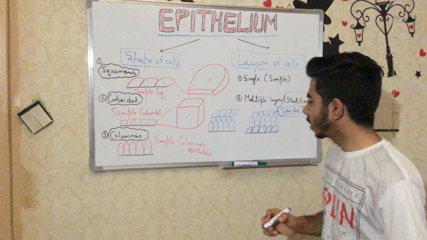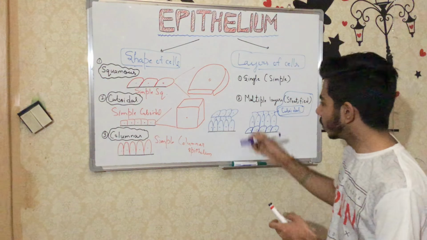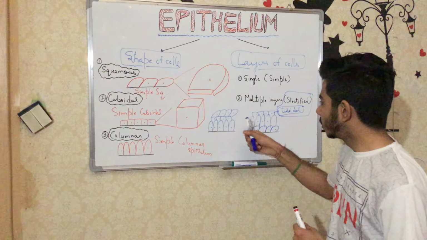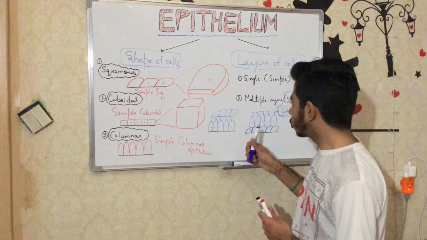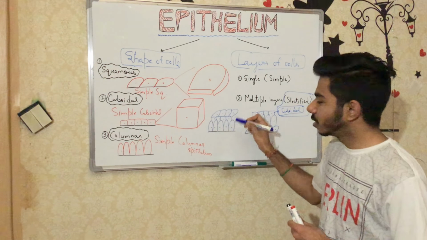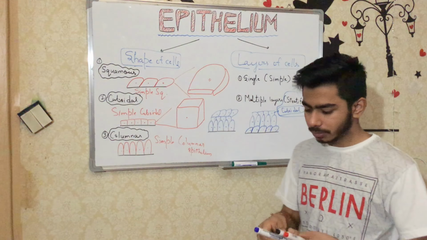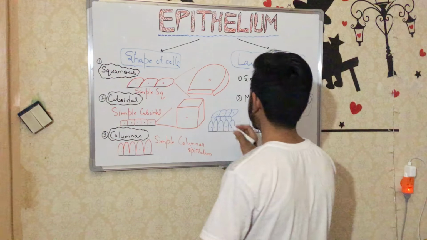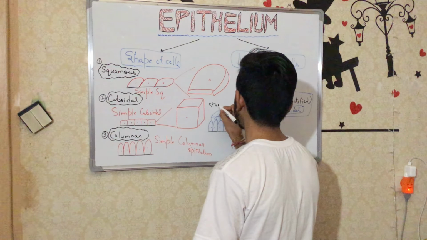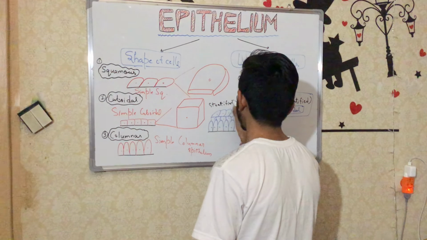So you can understand what kind of epithelium it is. Because there are multiple layers, it is stratified, and the top has flatter cells, meaning squamous, so it is the stratified squamous epithelium.